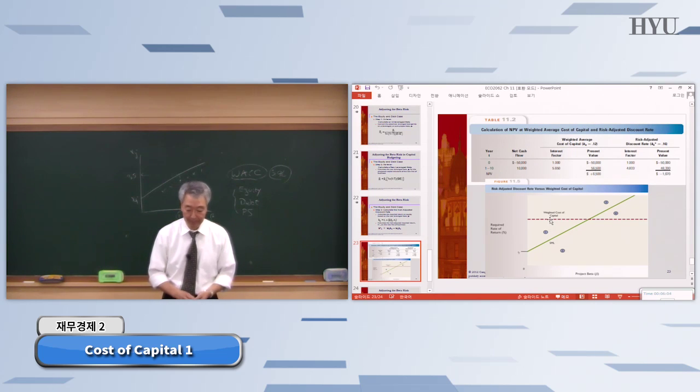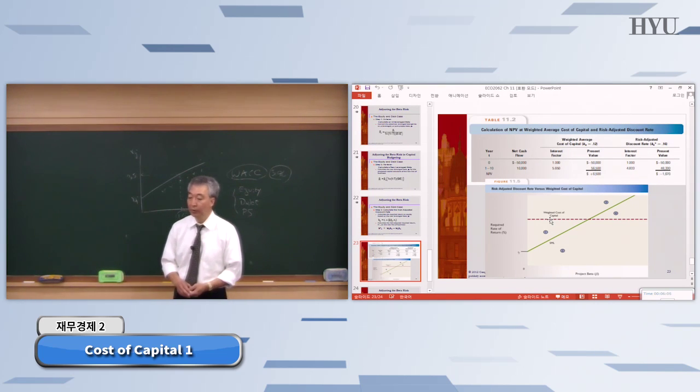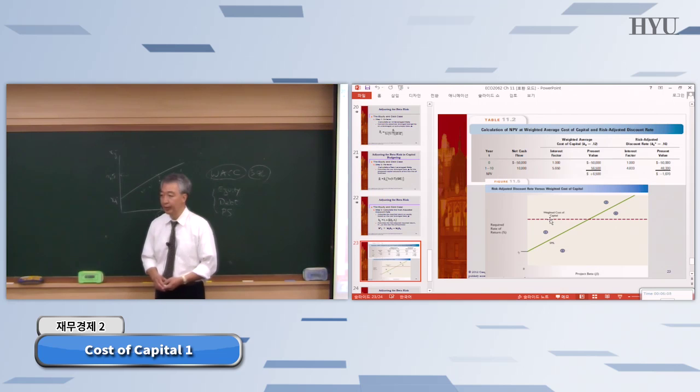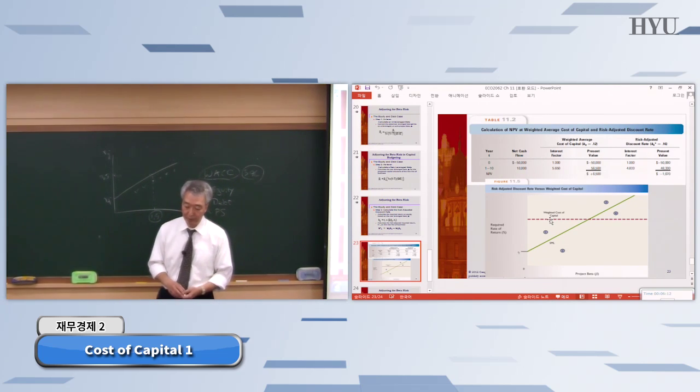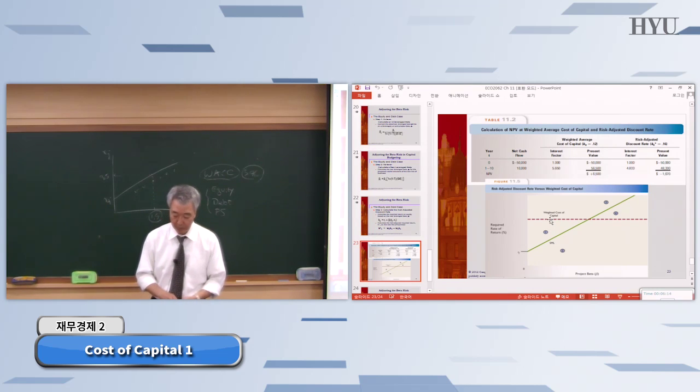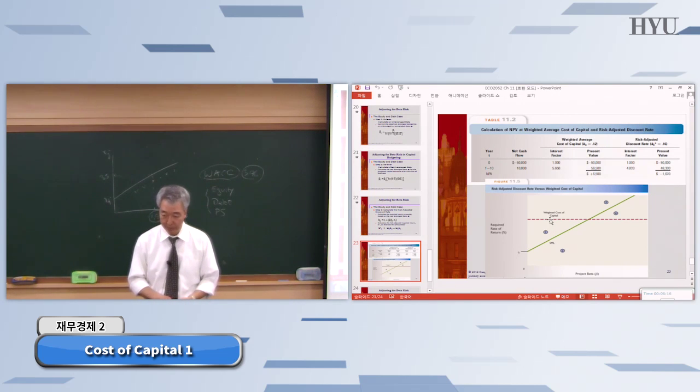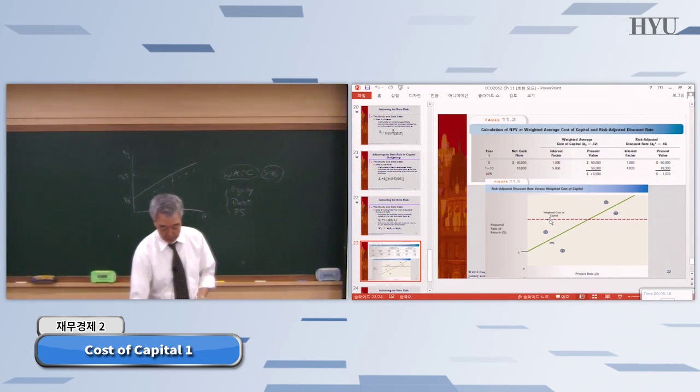But if you consider risk in your evaluation of the project and use this security market line concept, then projects 1 and 3 should be accepted, and 2 and 4 should be rejected.